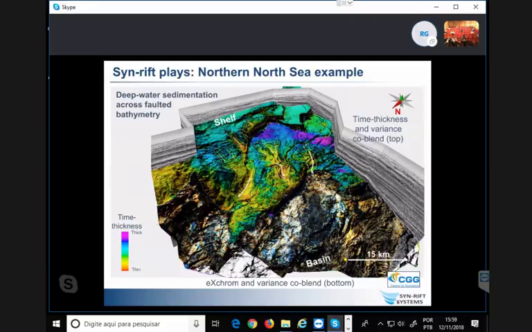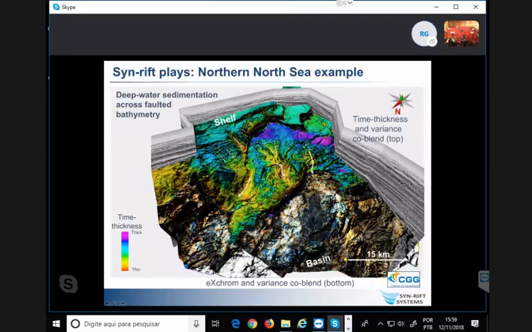Just to home you in on the subsurface part we're trying to address, this is a view from part of the northern North Sea. We're looking at an intra-synrift horizon picked from high-quality broadband seismic data.